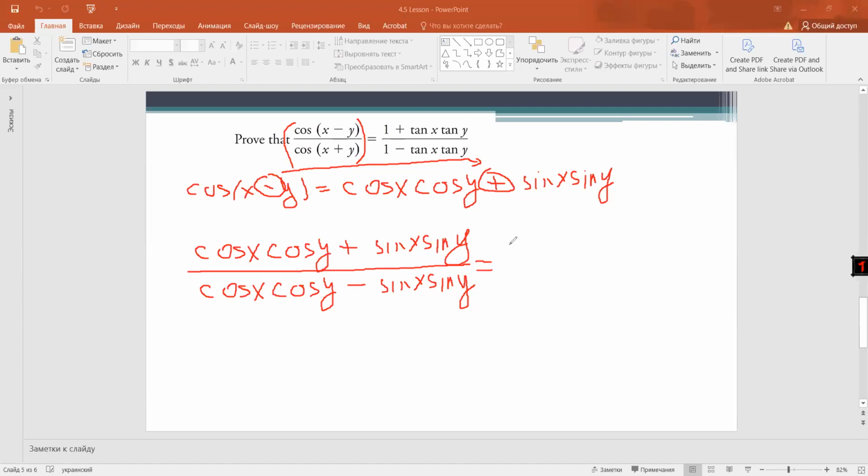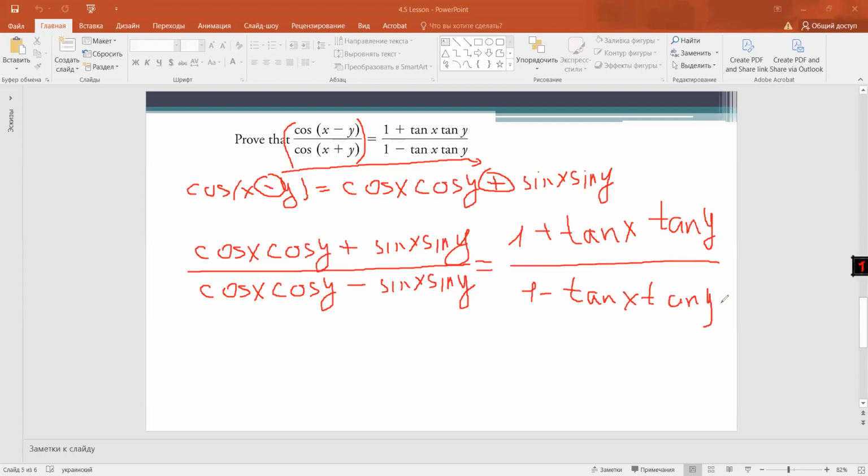Now this part equals 1 plus tangent x times tangent y over 1 minus tangent x times tangent y. And what we see here is that up until now, it's not really clear how we can factor something out here.